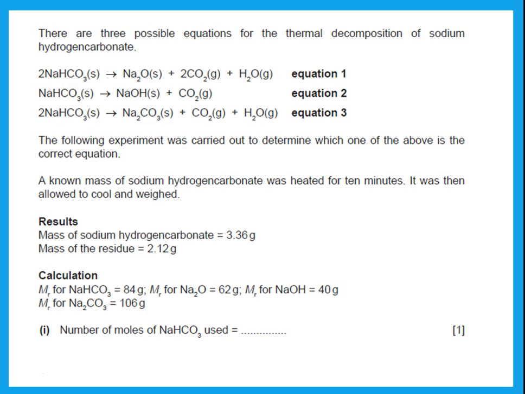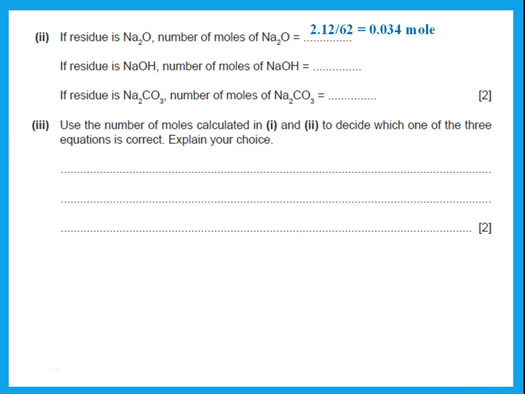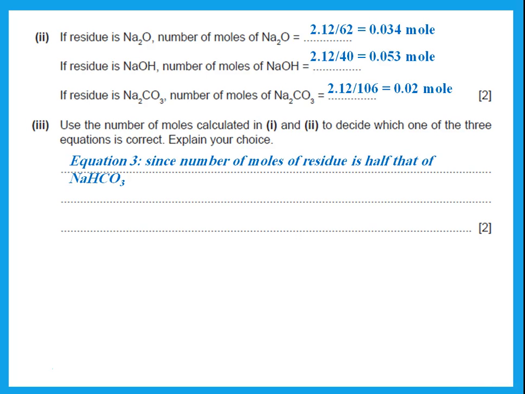In equation 3, the number of moles of the residue should be half the number of moles that I started with. So in that case, we're trying to choose which one. Now, he said I had 0.04 mole, and the number of moles of sodium carbonate was 0.02. So that means that equation 3 is the correct one, since the number of moles of the residue is half of that of sodium hydrogen carbonate.